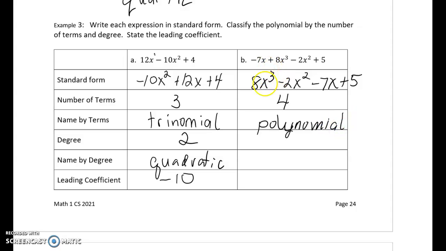Degree: the biggest exponent here is 3, so it's going to be a cubic. Again, classifying by degree, because the degree is 3, it's cubic. Leading coefficient: because we put this in standard form, it's easier to identify, always up front, and it is 8.